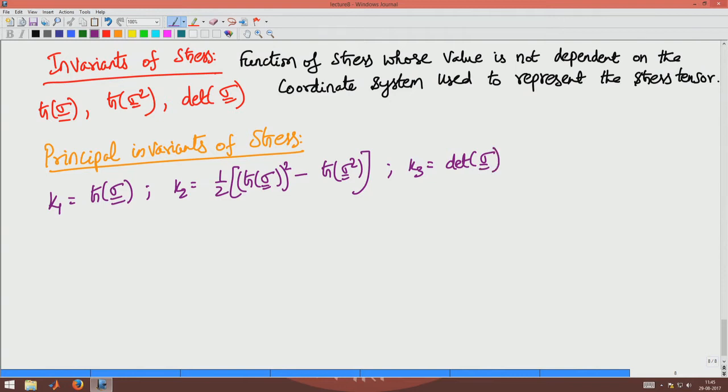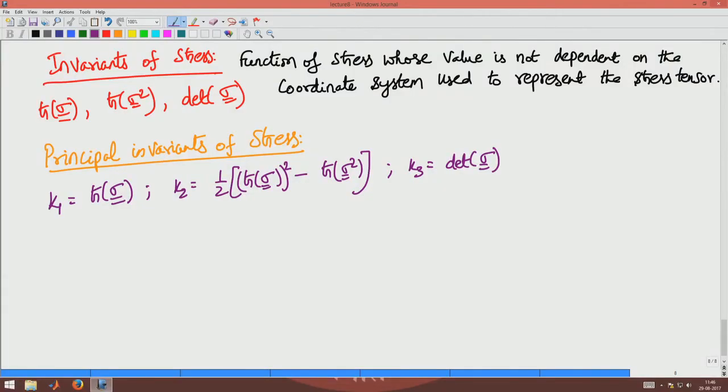These K1, K2, K3 are called the principal invariants of the stress tensor. That is, these values do not depend on the coordinate system. The values of K1, K2, K3 are independent of the coordinate system used to represent the stress tensor.